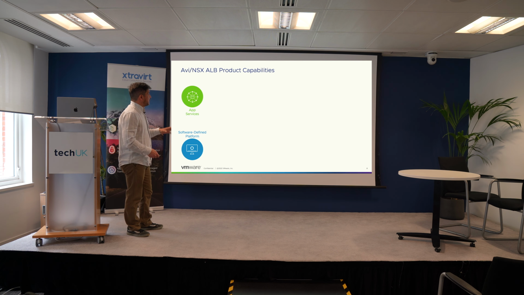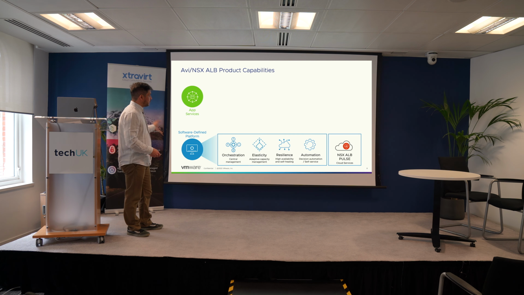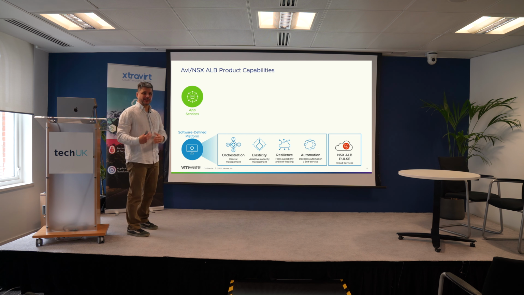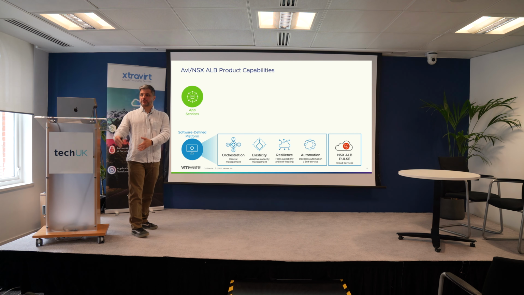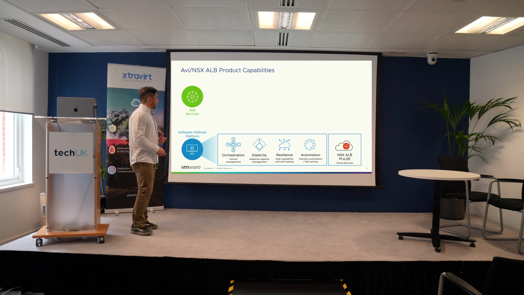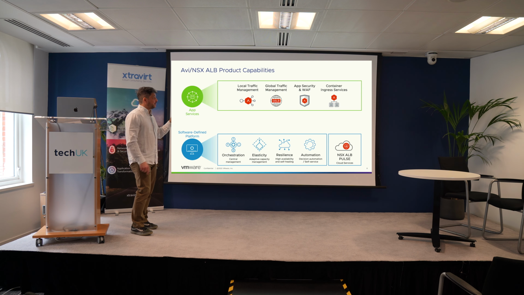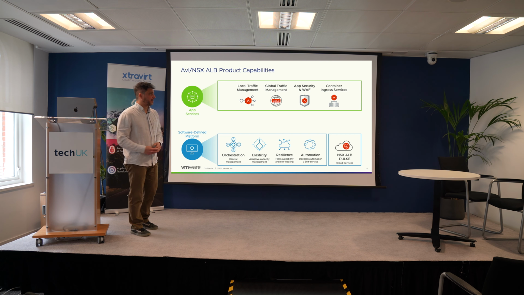In terms of product capability, you have the software-defined platform, which allows you to do all the things that you expect from a software-defined solution. You can programmatically do everything, or you can just rely on the UI. It all depends on how you want to use it. Then in terms of application services, you have traditional SLB, the logical load balancer, which is used daily.